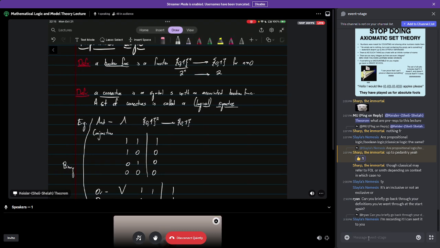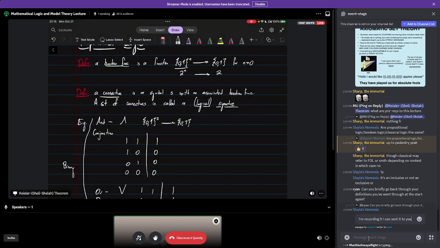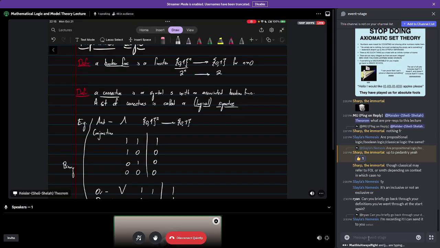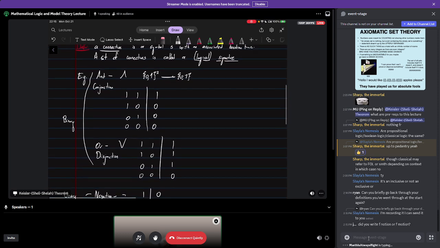A connective is a symbol that has an associated Boolean function. For example, we just defined four of them.